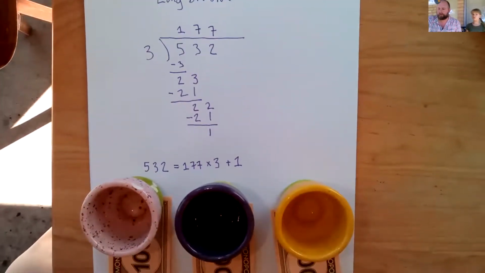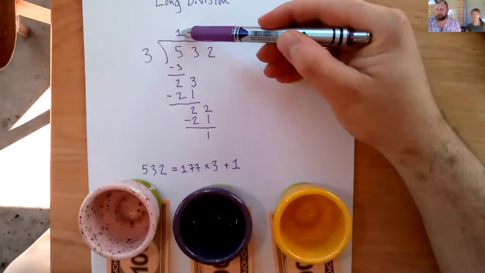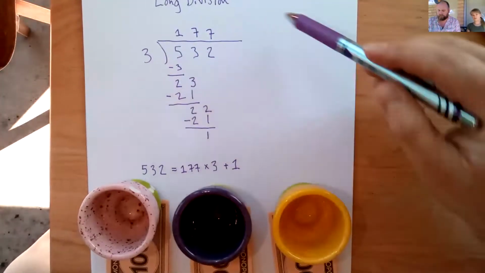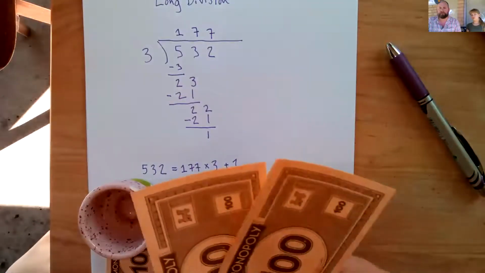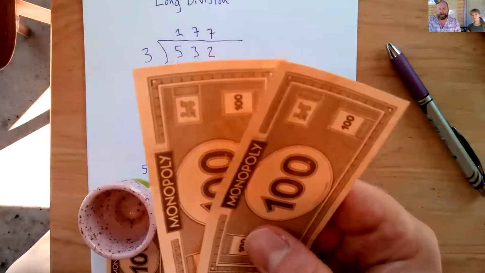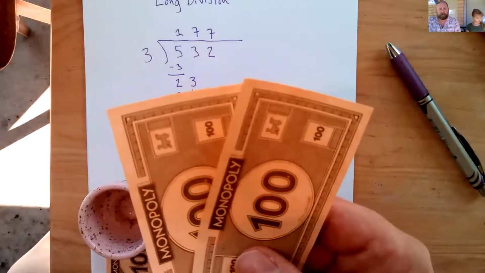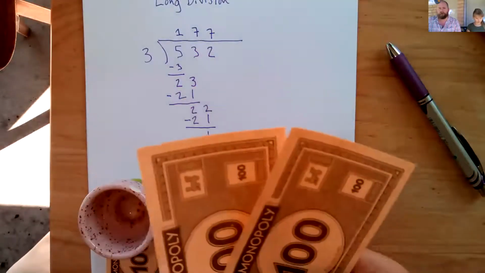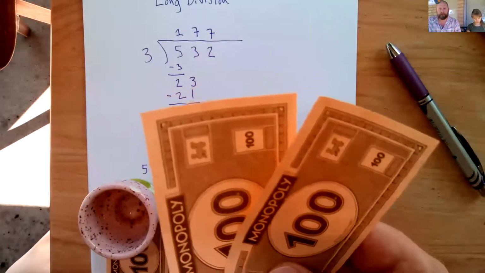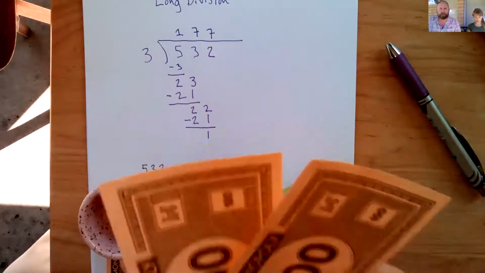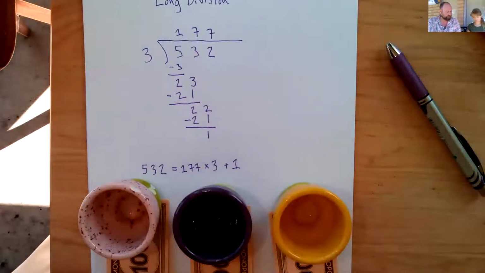There. Corresponds to this 1. But then I have 2 left over. Okay, so banker, for these 2 $100 bills, can I please have 20 $10 bills? Thank you.